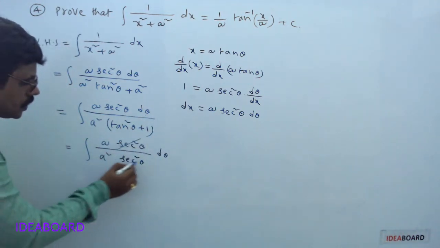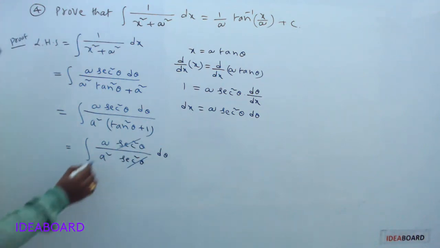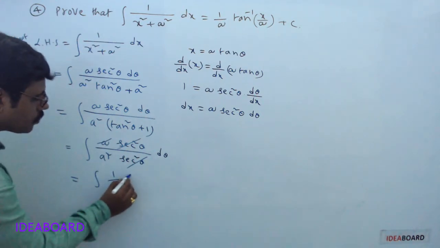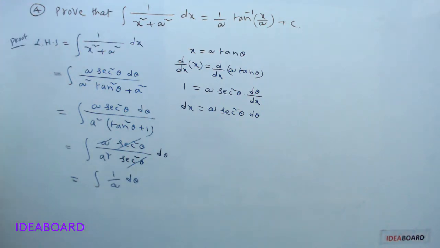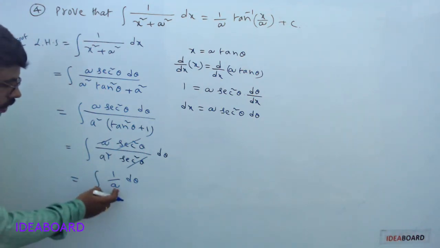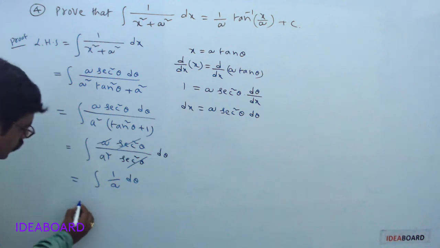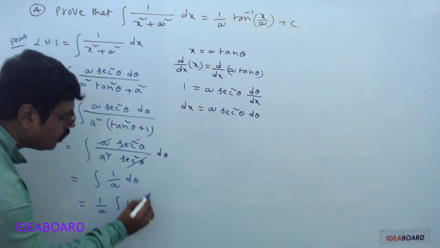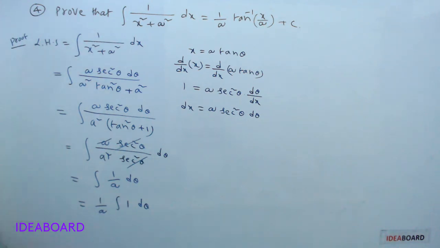Now here secant square theta function cancelled and a and its power will be cancelled. Now this is integral 1 by a d theta. 1 by a is the constant term, so you can take it outside of integral. This is 1 by a into integral 1 d theta.